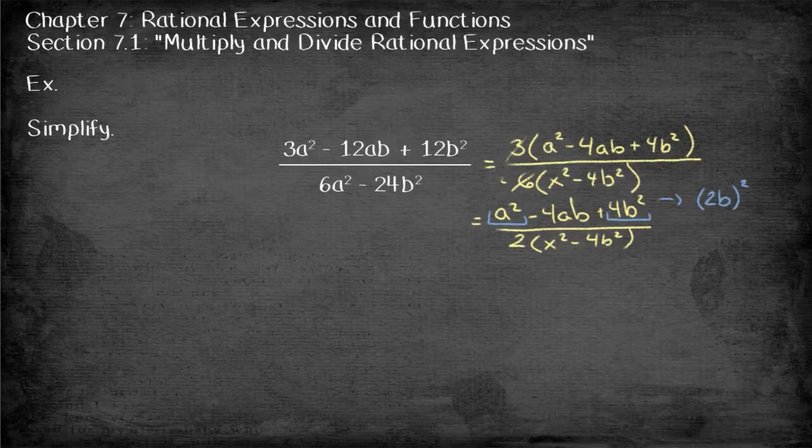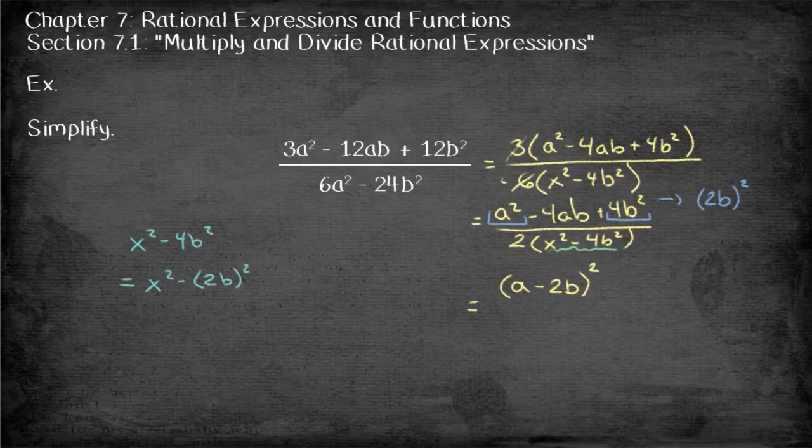So actually, the numerator is one of those special polynomials that we talked about, and hence it factors as a minus 2b squared. And if we look at the denominator, what do we have? a squared minus 4b squared. We just said that 4b squared is a square, so this is actually a squared minus 2b, whole thing squared, which is a difference of squares.